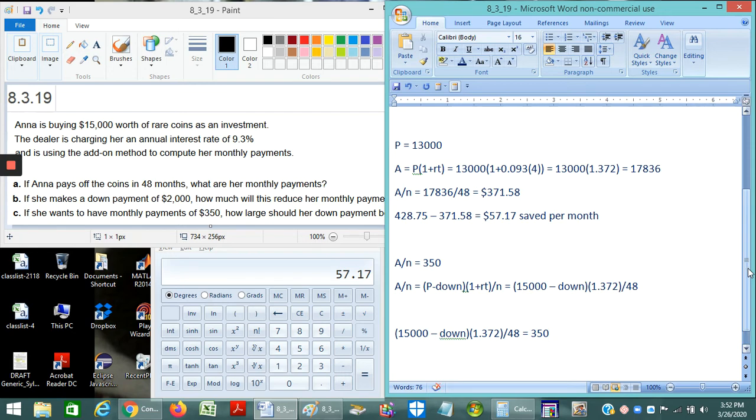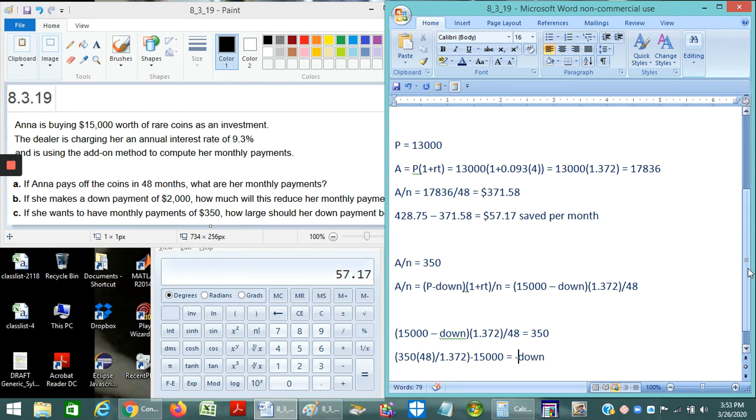All right, so we'll take 350 times 48 divided by 1.372, and then we will subtract 15,000 to get the opposite of the down payment.